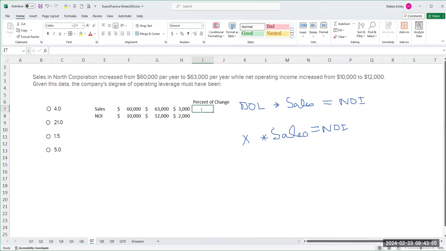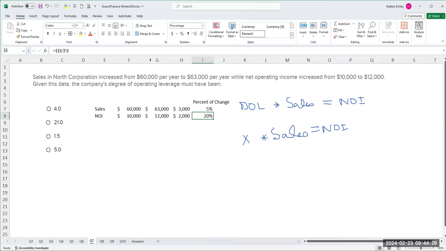To get that, I'm going to take the change and divide it by the original sales. And that gives me a 5%. It increased by 5%. And then this one would be the 2,000 divided by the original net operating income of 10,000. And that gets me a 20% change, right? 0.2 is 20%, 0.05 is 5%.